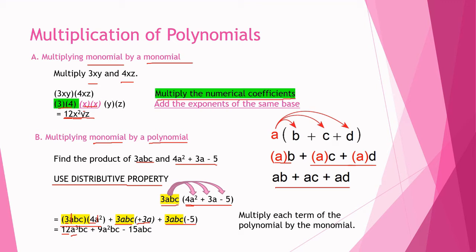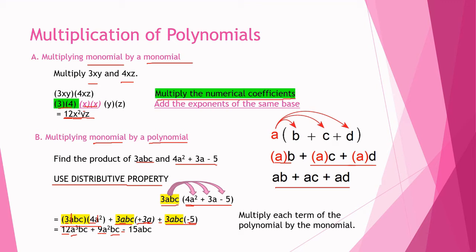Next term, multiply the numerical coefficient, 3 times 3, 9. Add the exponent of the same base, we have a squared. Then, copy or bring down b and c. Next term, positive times negative equals negative. 3 times 5 equals 15.